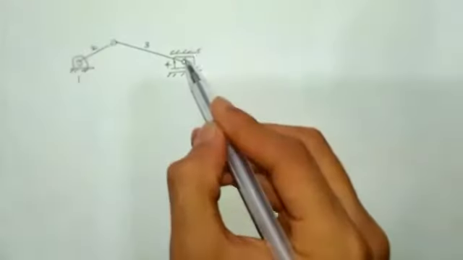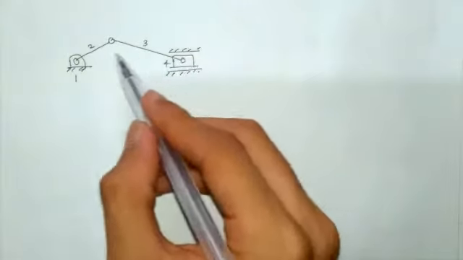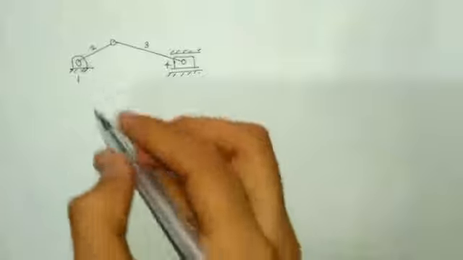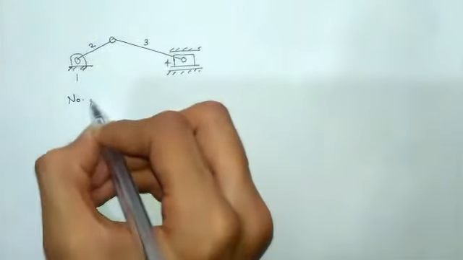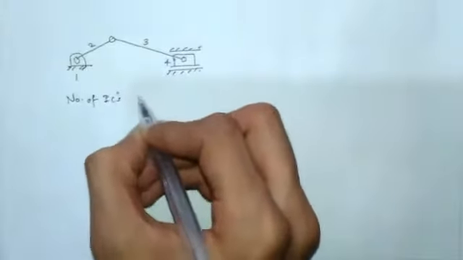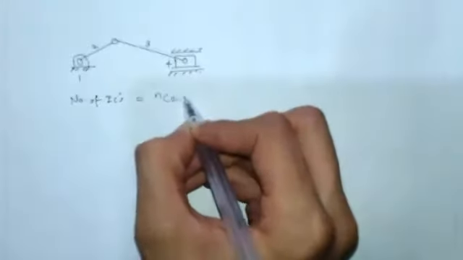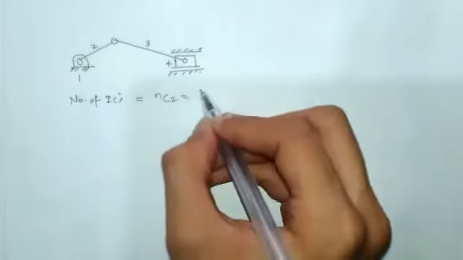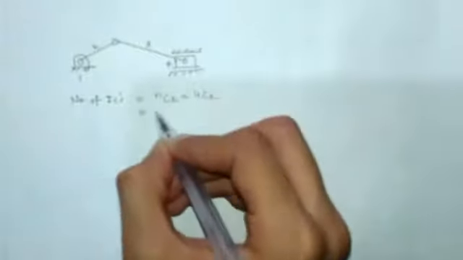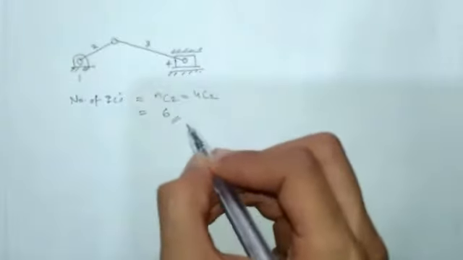Now let us see one basic example of slider crank mechanism, in which generally we are asked to find velocity of slider and we are given all the dimensions of links. So according to the number of ICs formula, we have NC2, and N is 4 links, 4C2, which comes to be equal to 6.